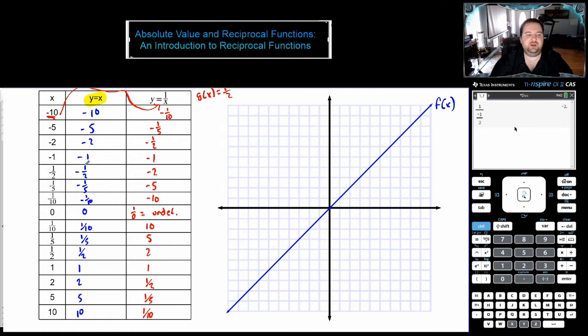So something interesting happens. At x equals 0, it's undefined. So what happens? What did we learn happens when something is undefined? You end up with an asymptote. So let's go ahead and draw in our asymptote at x equals 0.